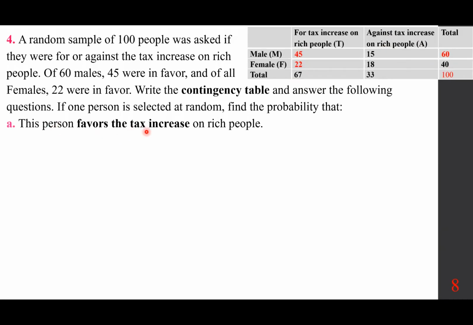Now this person favors the tax increase, so the probability of T, if you will, is N of T over N of S. This is by definition of probability. We should use a capital T here.